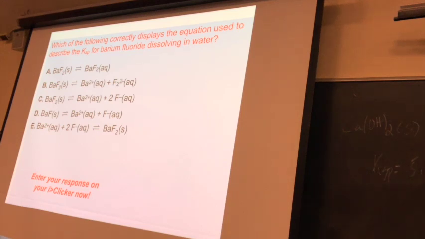So if you look through here, let's go through these. This one is showing that the solid is dissolving, and that's kind of cool, but it's not the Ksp. Ksp would actually have the ions right there. The second one I've seen once in a while, and that's why I wanted to bring it up. Fluorine is one of the diatomics, the Have No Fear Of Ice Cold Beer.